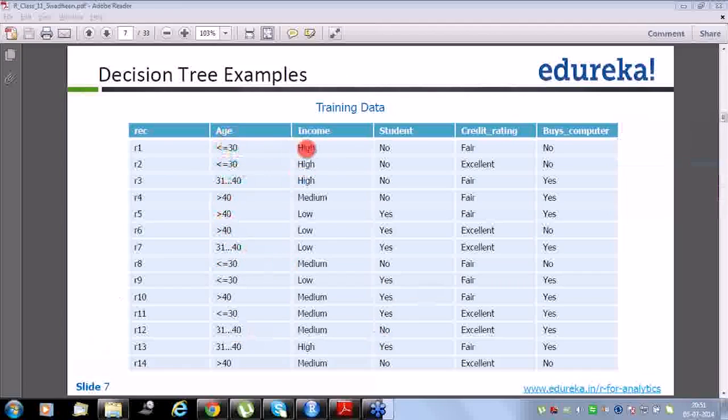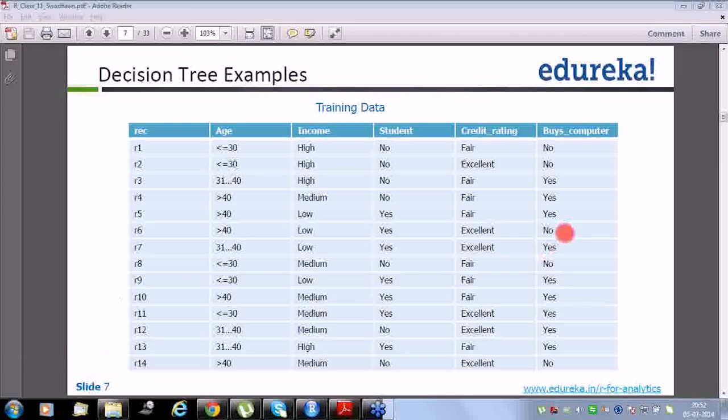In the same way, income is divided into 3 categories: high, medium, and low. Student is whether the person is a student or not, no and yes. Credit rating, and buys computer, no and yes.